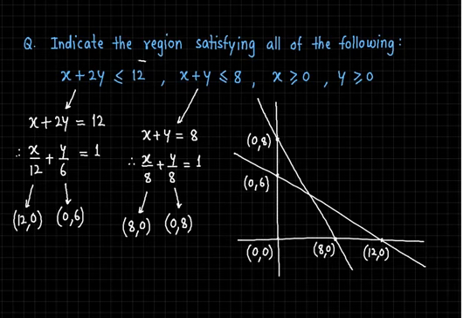Now let us consider the first inequality, that is, we have to shade the region of x plus 2y less than or equal to 12. The equality we already know, that is the first line. Now for less than, once again let us consider the origin for convenience. If you put 0, 0 in the left hand side, it clearly satisfies the inequality because we will get 0, which is less than or equal to 12.